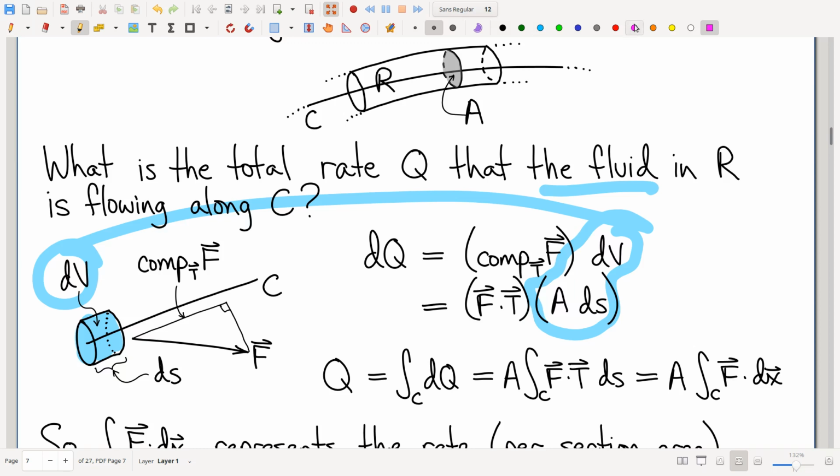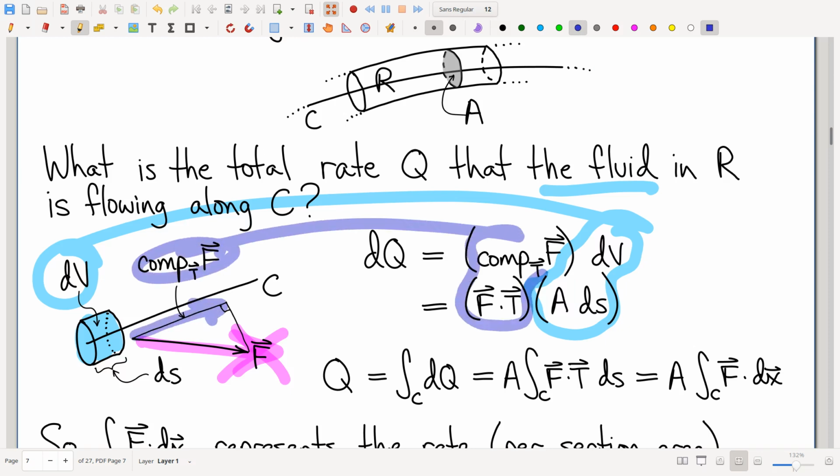That fluid's going to have some velocity. Now keep in mind, I'm not actually interested in the actual velocity of the fluid, right? I'm only interested in the extent to which the fluid is flowing along the curve. So not the velocity itself, right? But the extent to which it's flowing along the curve, of course, is a component. And a component is, of course, also easy to compute, right?